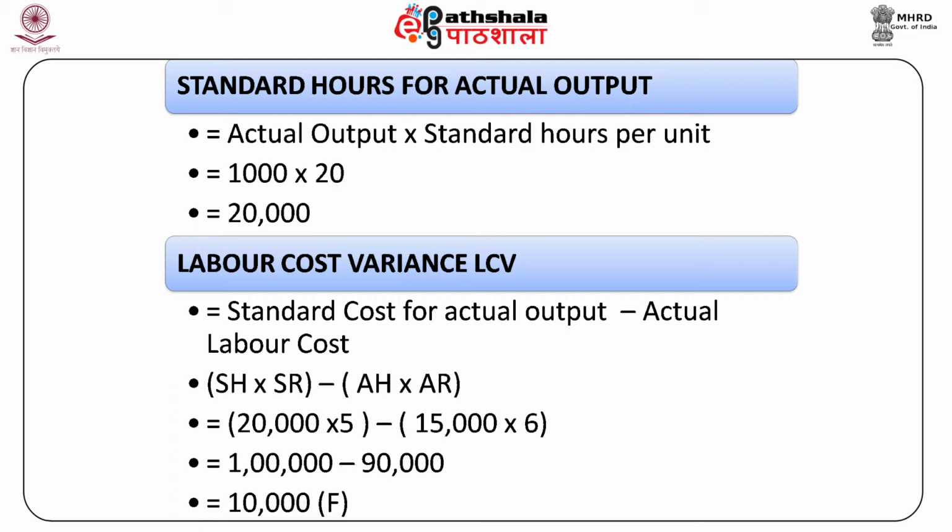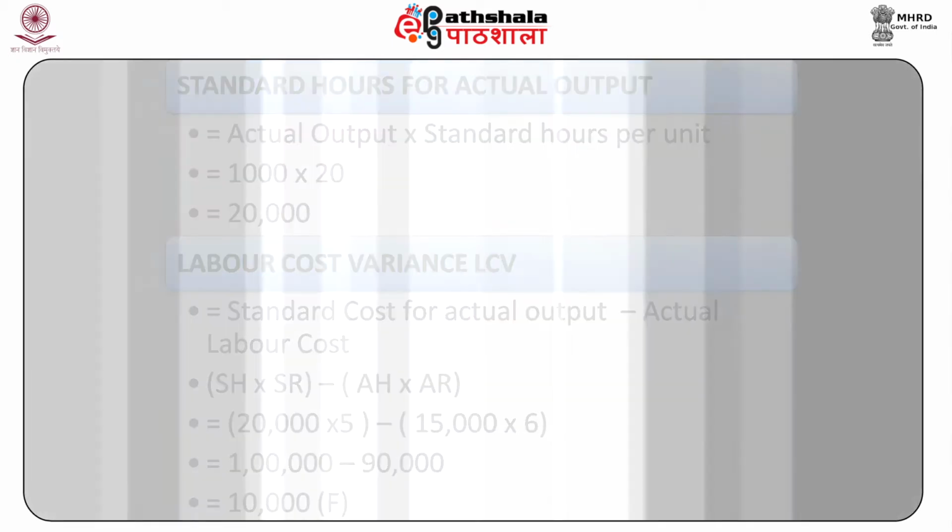Labor cost variance will be equal to standard cost for actual output minus actual labor cost. LCV = SH × SR − AH × AR, which is 20,000 into 5 minus 15,000 into 6, that equals 1 lakh minus 90,000, which indicates 10,000 favorable variance.